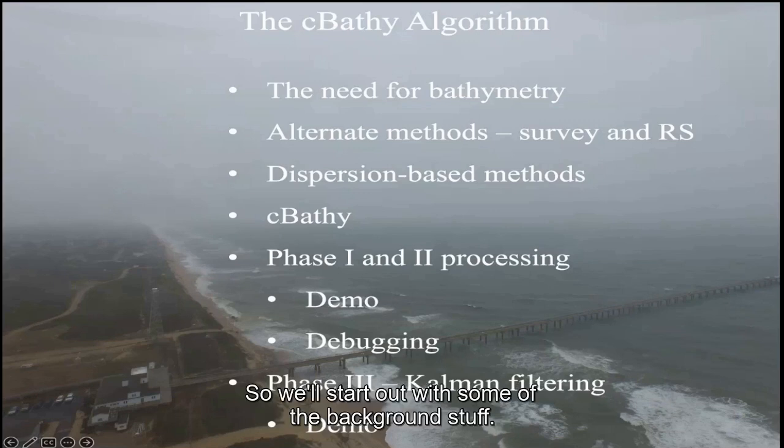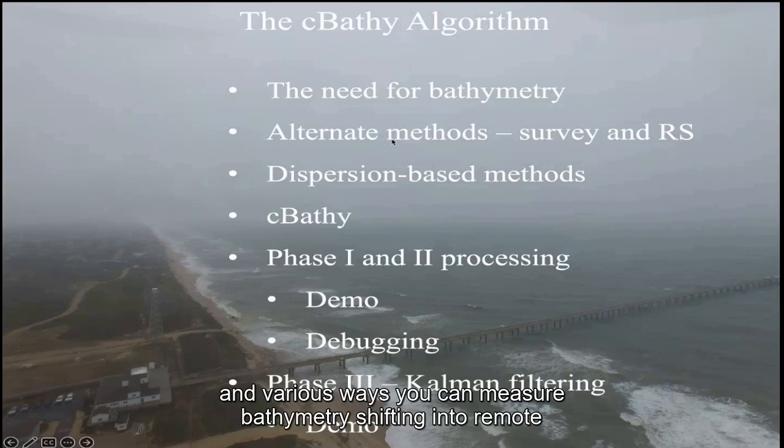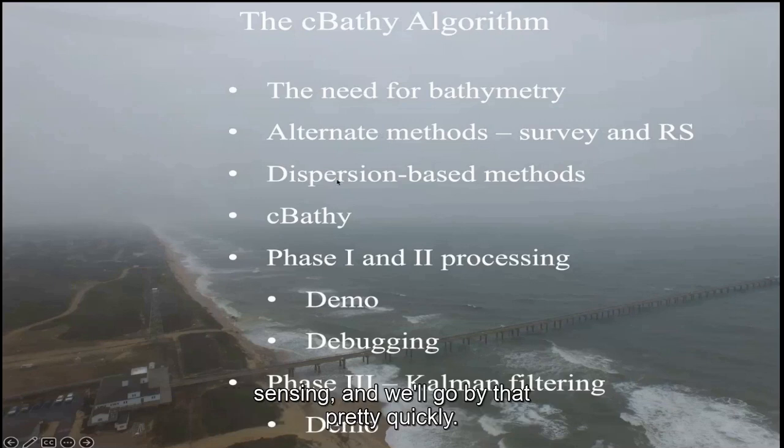So we'll start out with some of the background stuff. This is the plan for the day. Some background stuff, including the need for bathymetry and various ways you can measure bathymetry, shifting into remote sensing. We'll go by that pretty quickly.